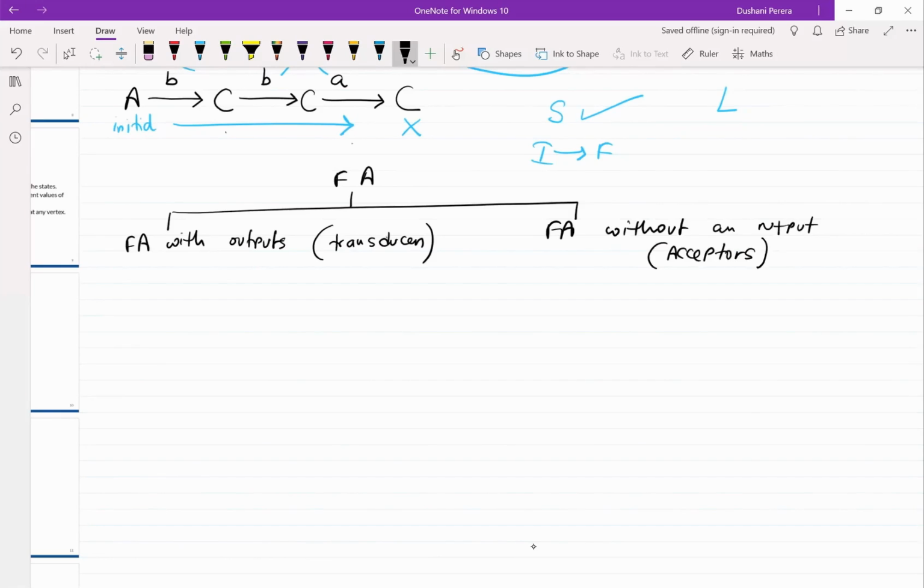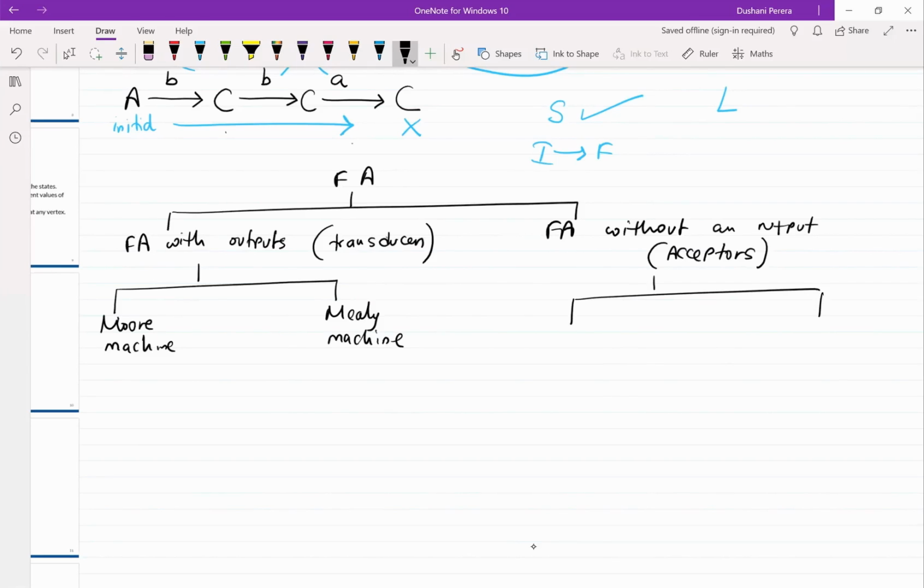Okay, now this has another classification. We have Moore machines and we have Mealy machines. And then this one has two classifications. I have DFA and NFA.